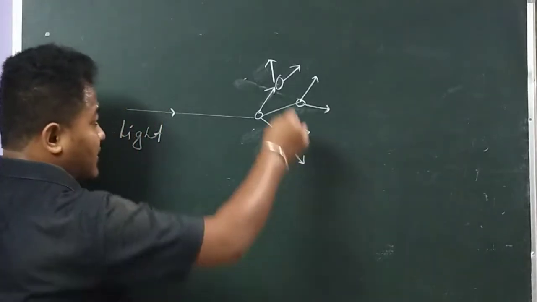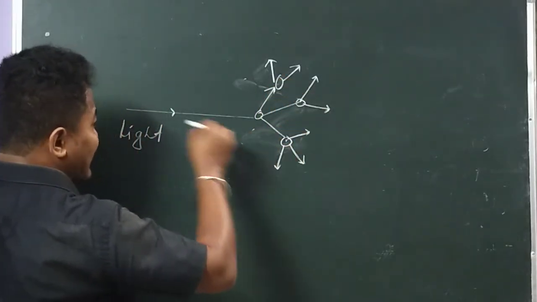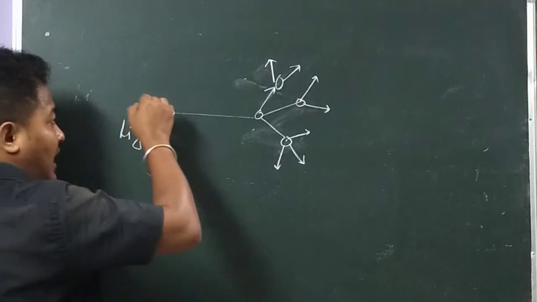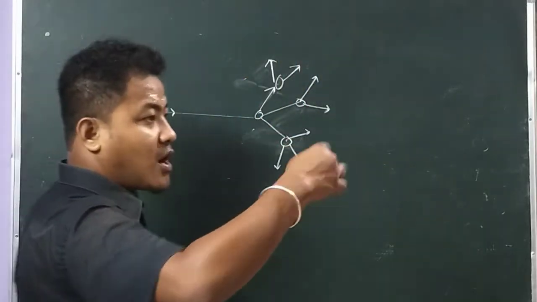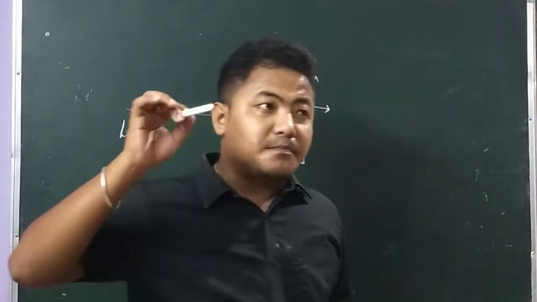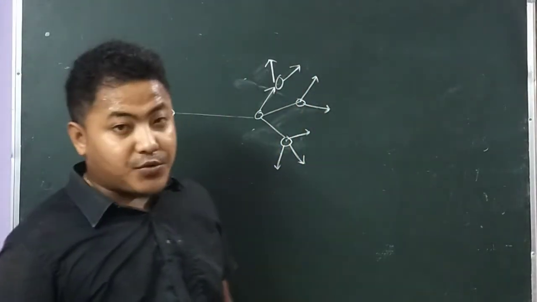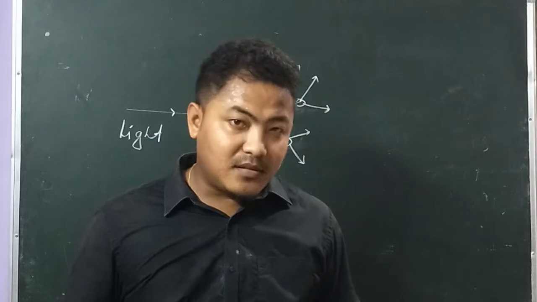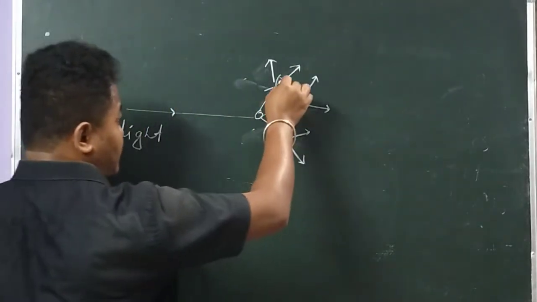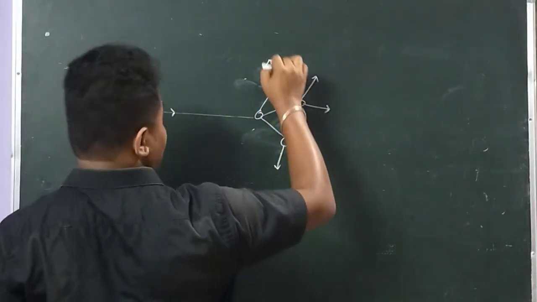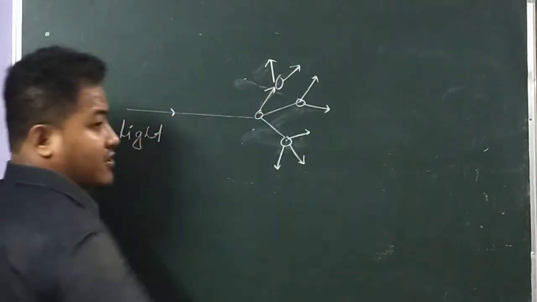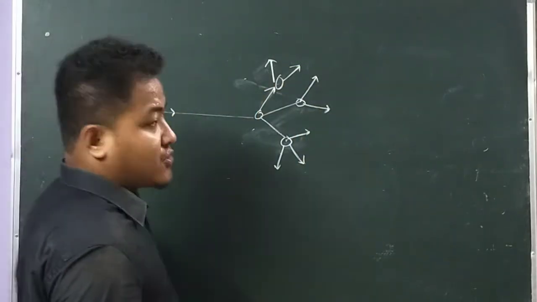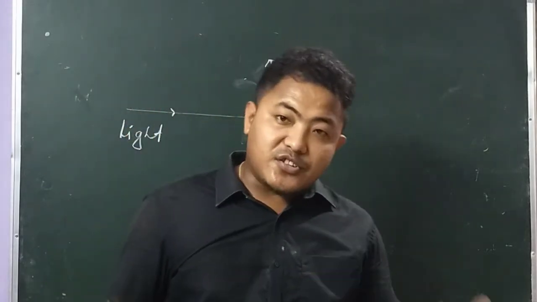This is the sunlight passing through the Earth's atmosphere, meaning it is passing through the atoms and molecules of the gaseous layer, and these atoms and molecules deflect the light in different directions. This phenomenon is called scattering of light.